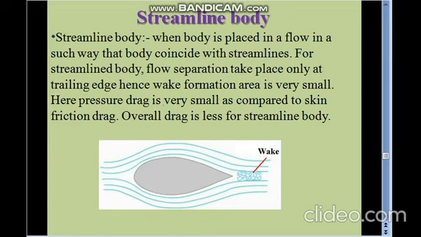So in case of a streamline body, the pressure drag is very small, but there is considerable skin friction drag. So overall the drag is less for the streamline body. So we should go for a streamline body to reduce the overall drag of the body moving through the fluid.